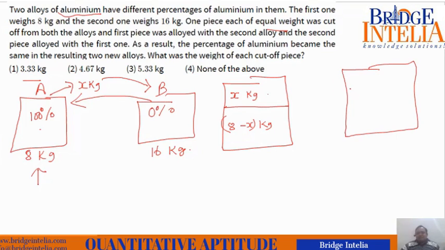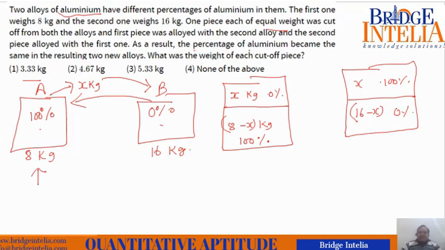And for the second one, 16 minus x kgs of original and x kgs of what have been replaced. Now this is 100% aluminium. So 100%, here 0%, here 100% aluminium, and this part 0% aluminium.